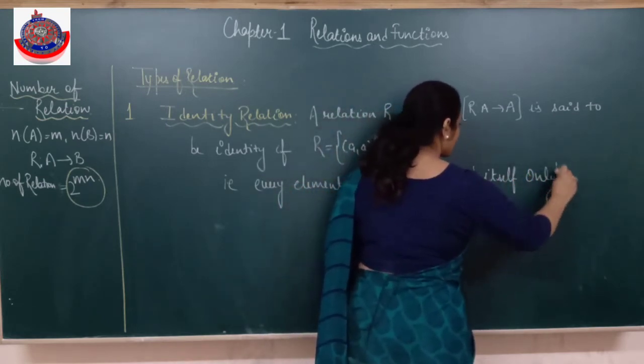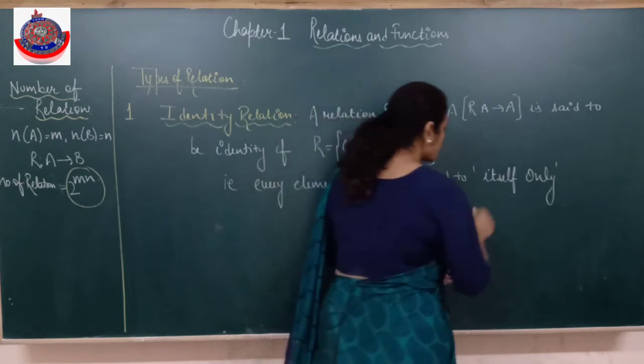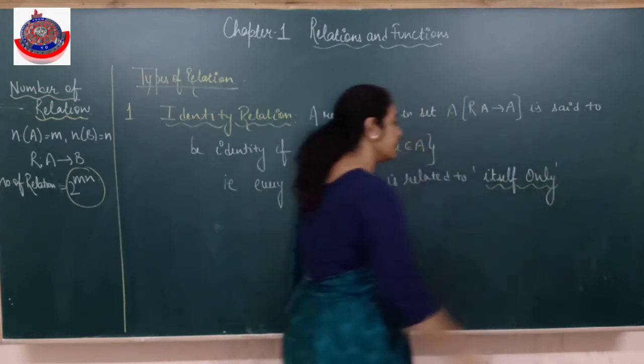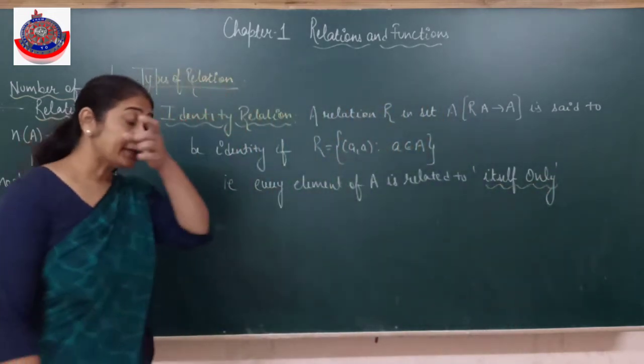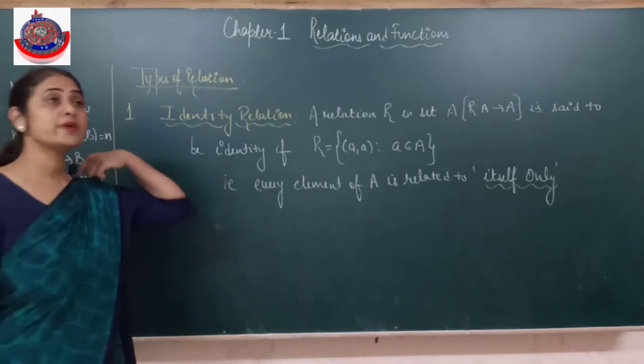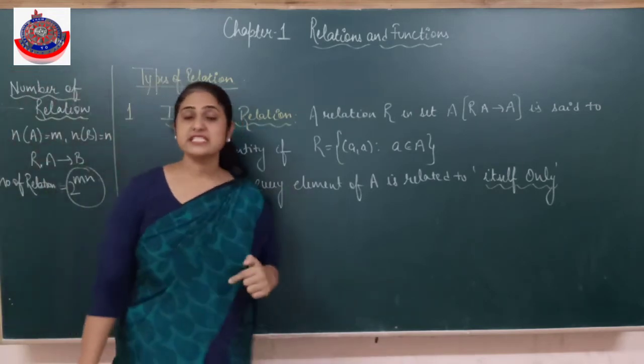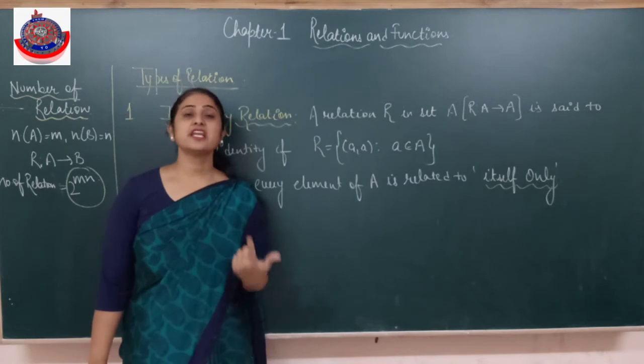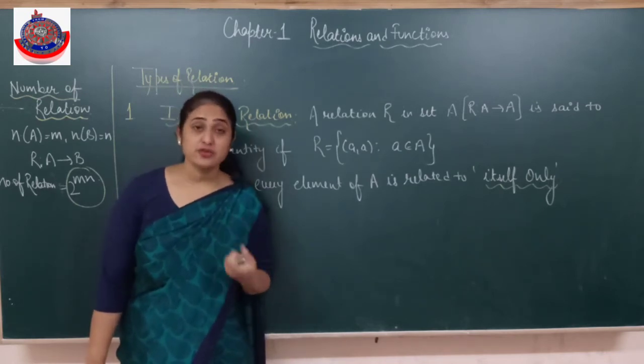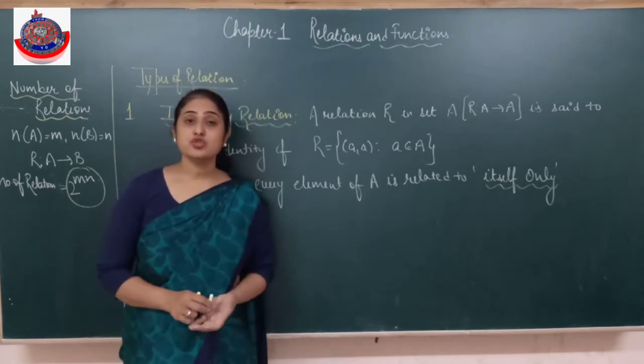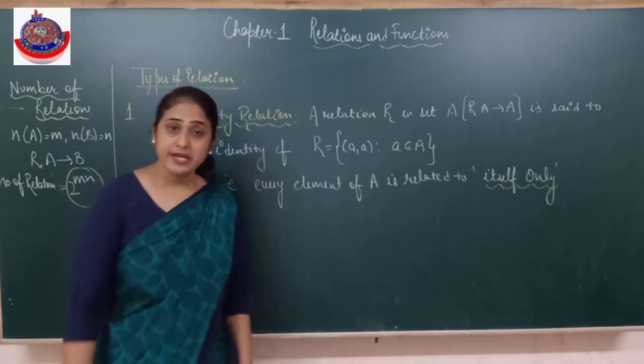This is very important. It is related to itself only. That means an element has a relation only with itself. If the given relation is satisfied only with itself, then such a relation is called an identity relation.